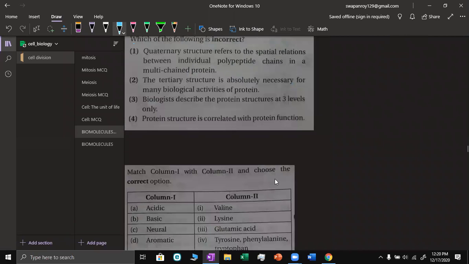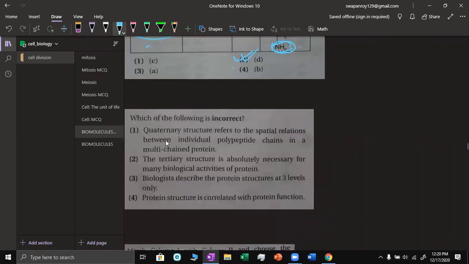Next, I think perhaps we did this one in the previous class. Quaternary structure refers to the spatial relationship between the polypeptide chains in a multi-chained protein. Quaternary structure is more than one polypeptide.